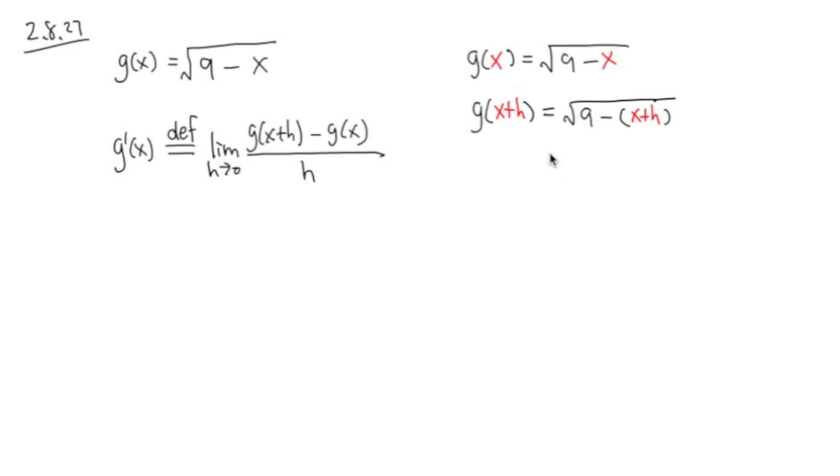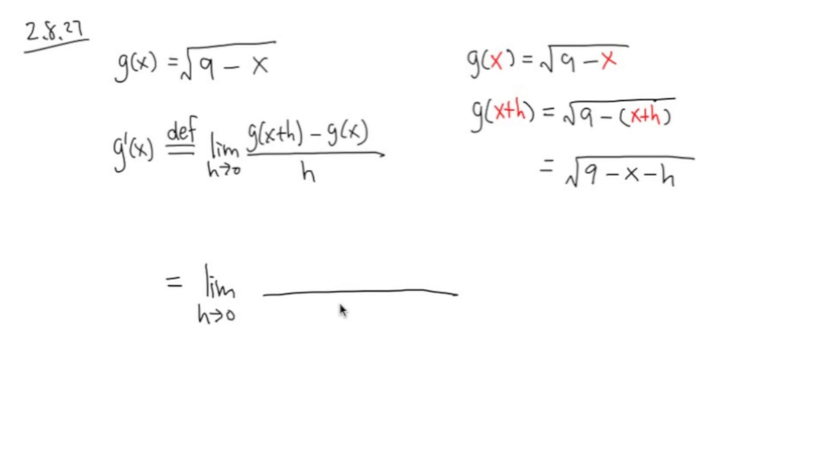And perhaps we can do some simplification here because the inside is just the same as 9. I can distribute the negative: 9 minus x minus h, like that. Alright, so with this we are ready to plug back into the formula. So this is equal to the limit when h goes to 0.